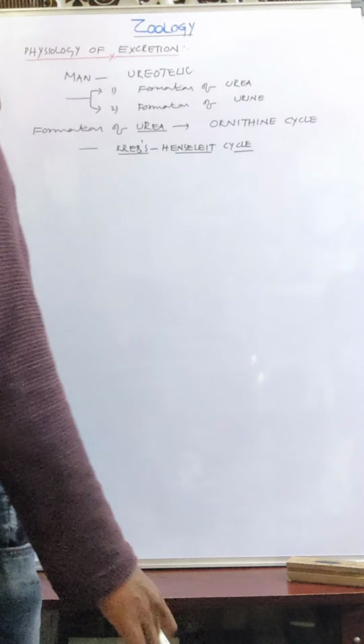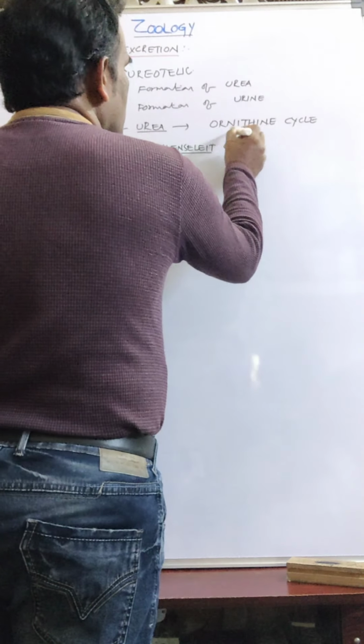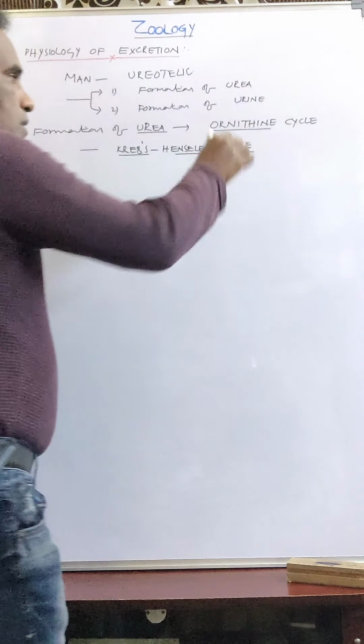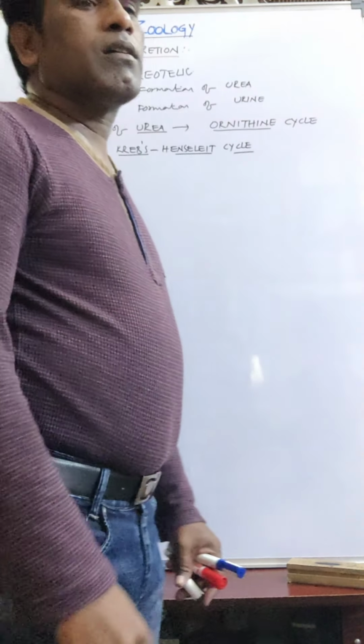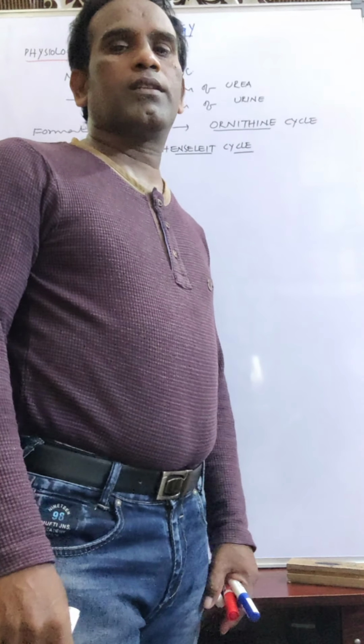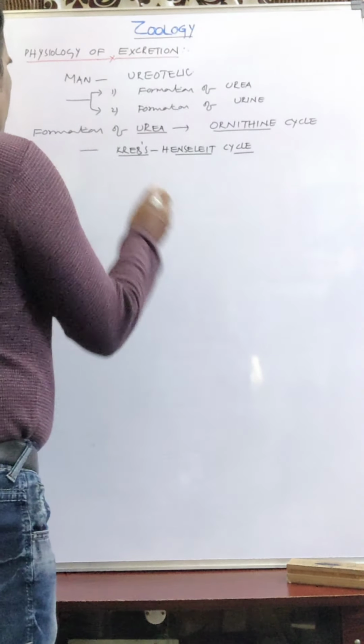We can call it the Krebs-Henseleit cycle or the ornithine cycle, because the urea formation begins with an amino acid called ornithine.